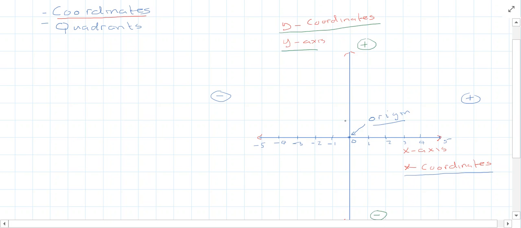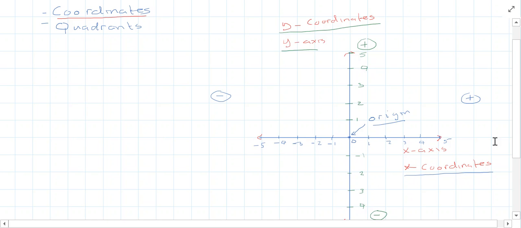So this here is going to be 1, this here 2, this here 3, 4, and then this up here is going to be 5. And underneath we have the y coordinates that are the negative integers: -1, -2, -3, -4, and then this last one will be -5.